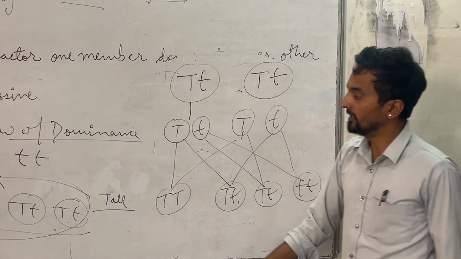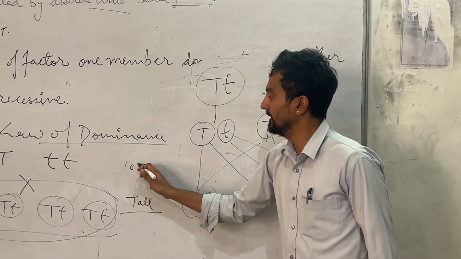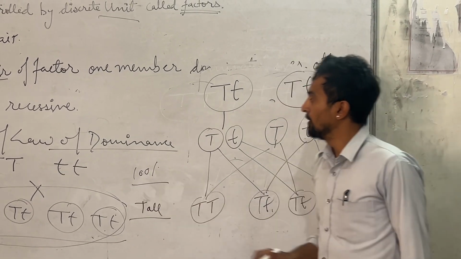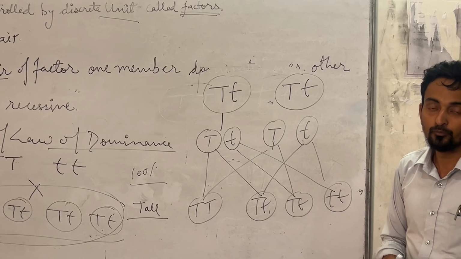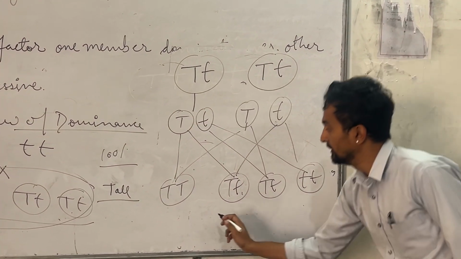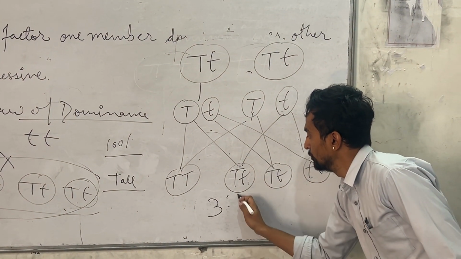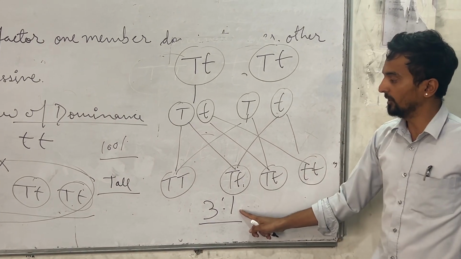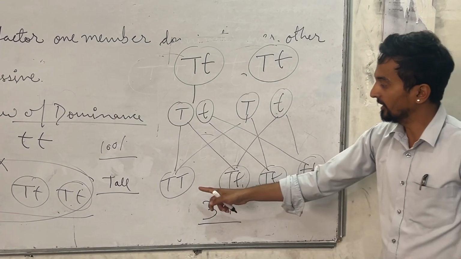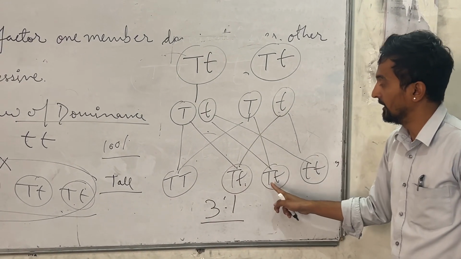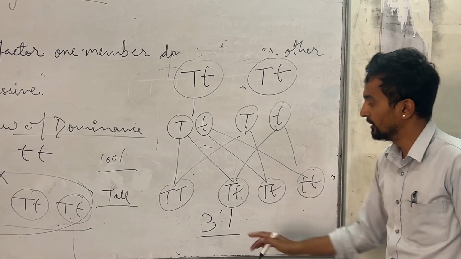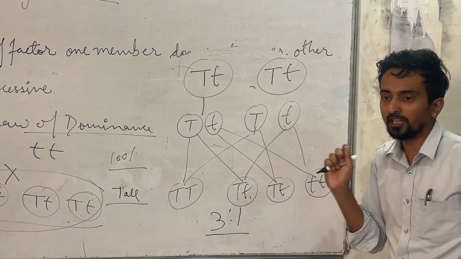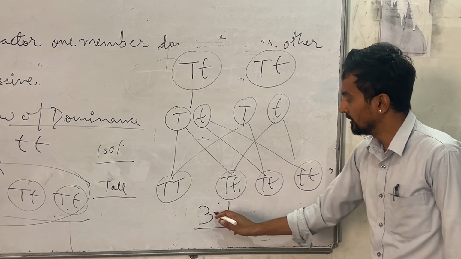In the F1 generation the ratio is 100% tallness, but after the F2 generation, what is the ratio? The phenotypic ratio is 3:1. Here you can see that capital T capital T, capital T small t, and capital T small t are tall, so tallness dominates over the recessive one. So the phenotypic, that is physical characteristics, ratio is 3:1.